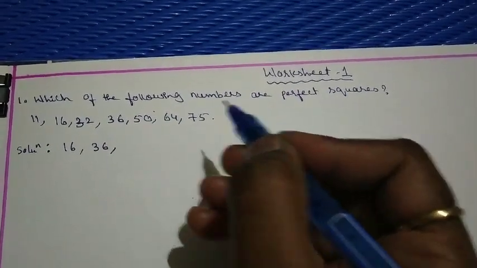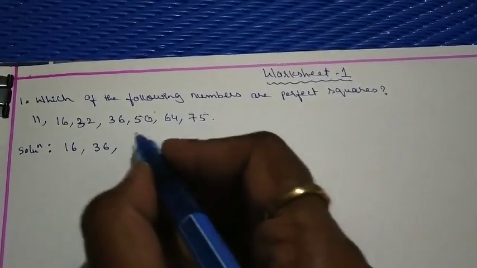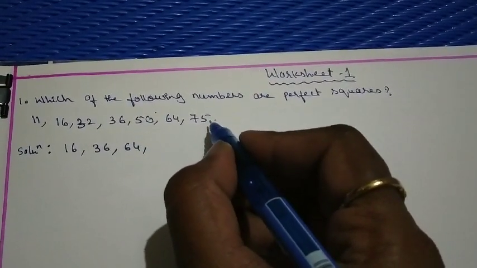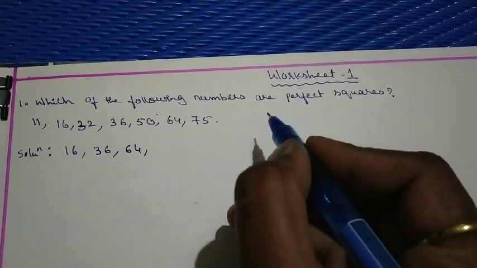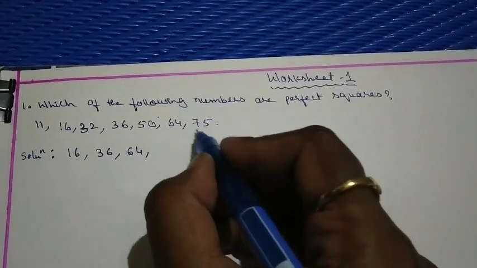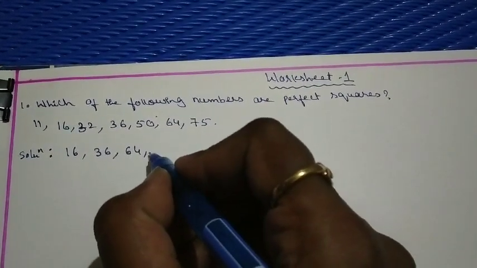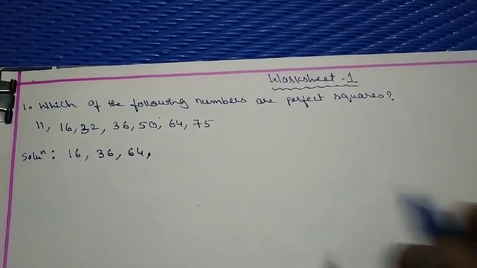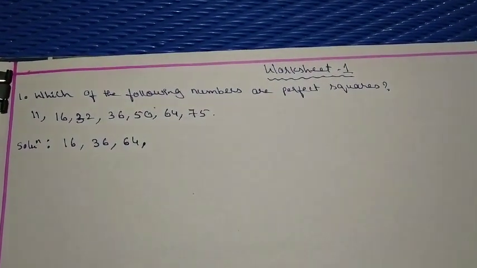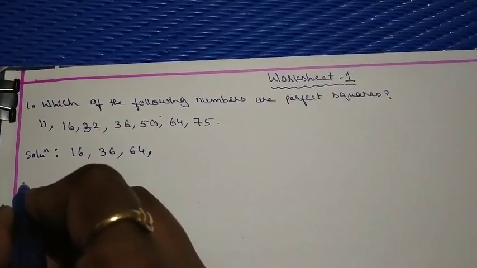As I told you, if it is a perfect square, it should have an even number of zeros. 64, yes, 8 square is 64. 75, no, because 9 square is 81 and 8 square is 64, so 75 lies in between 8 square and 9 square. Keep in mind, children, the perfect squares of natural numbers 1 to 30 should be known. Clear? Yes, we'll go for the second question now.